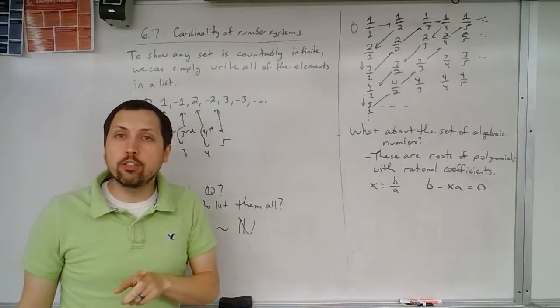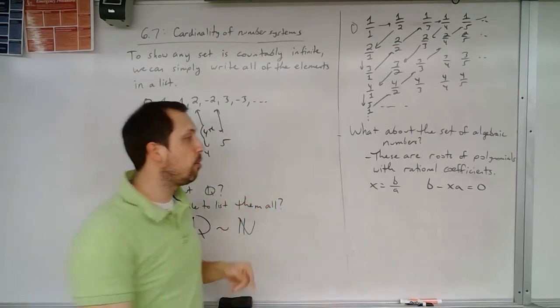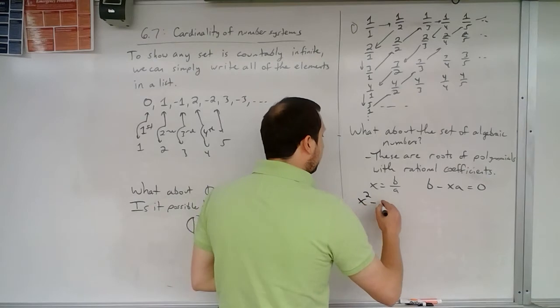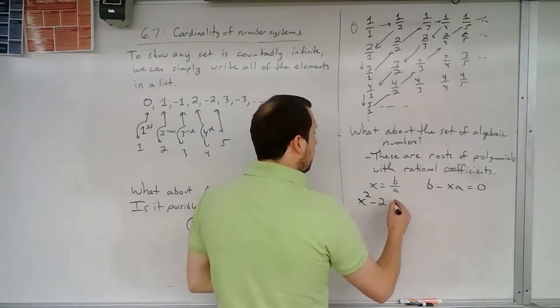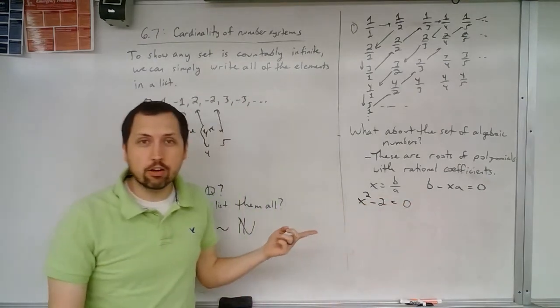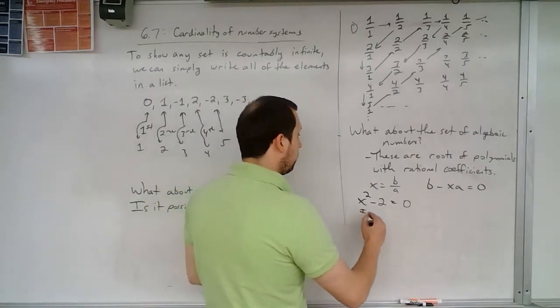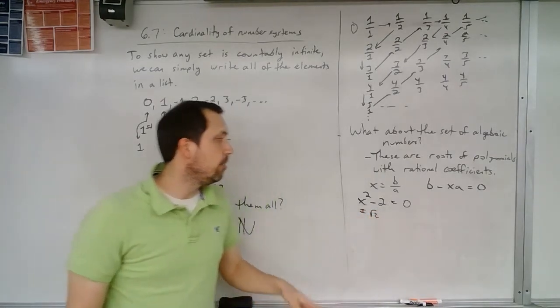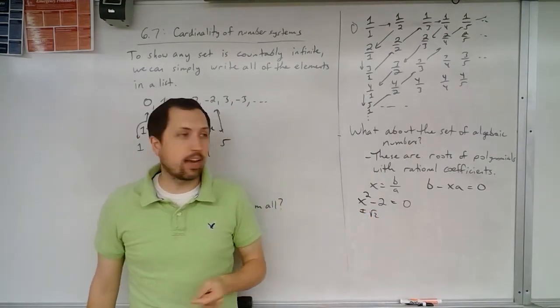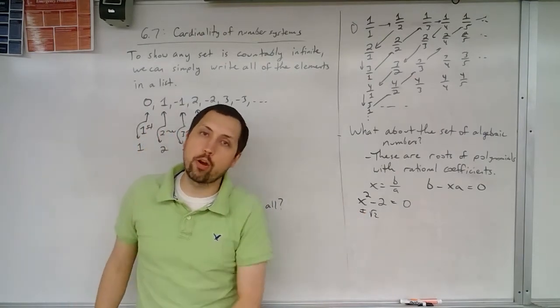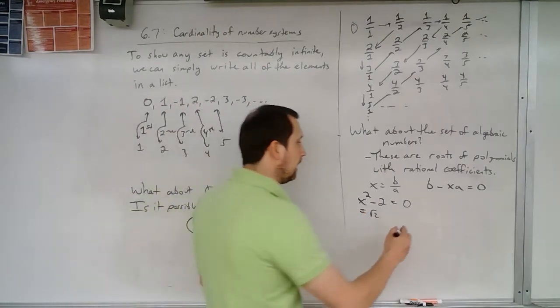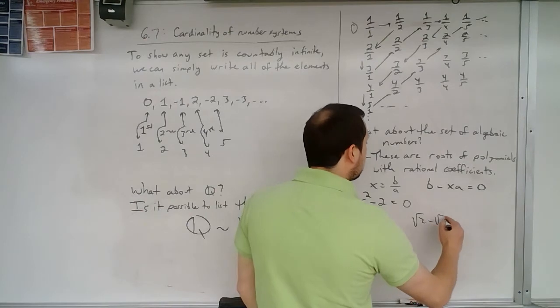The other ones, though, these are also roots of polynomials. So for instance, x squared minus 2. If I look at where this equals 0, I'm going to get plus or minus the square root of 2. So I can now include square roots. I could include 2 times the square root of 2. I could even include something like the square root of 2 minus the square root of 3.